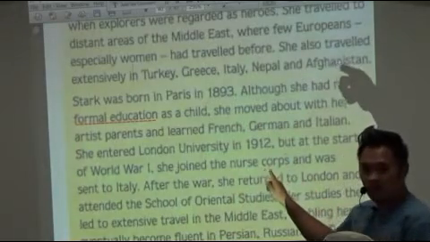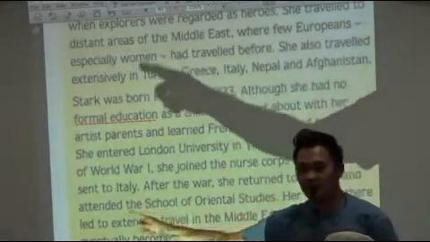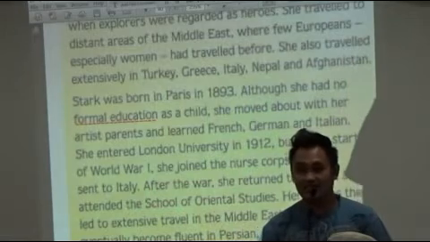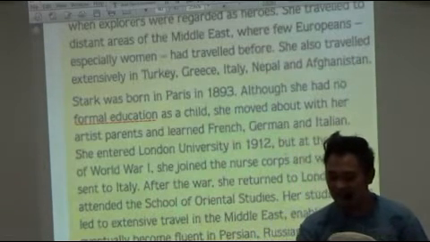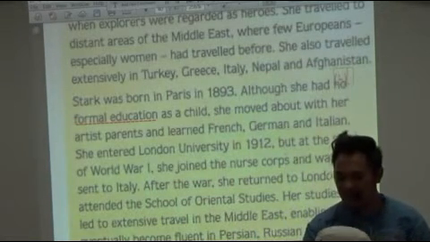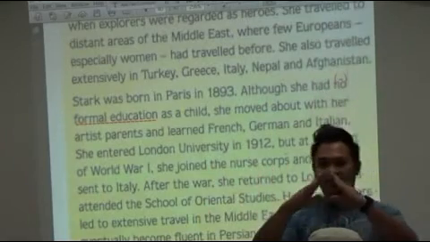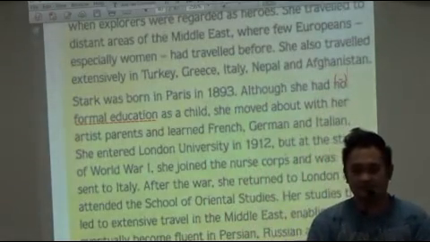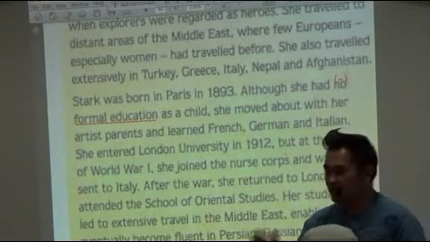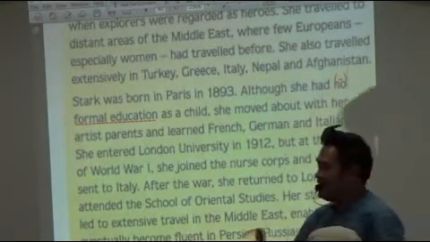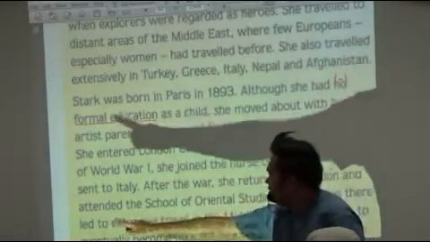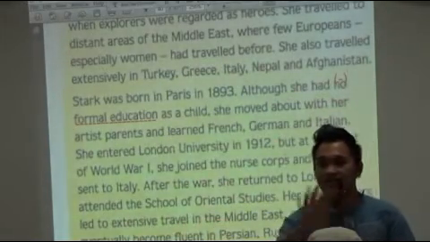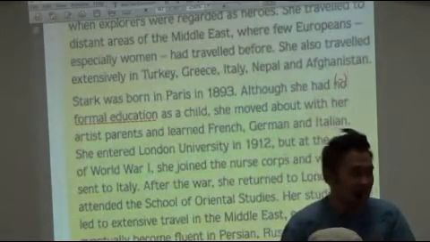No. No formal education. That means it's not the answer. And what did I say? If you see a negative, put a triangle. It gives you a signal about that. First, formal education. But in here, no formal education. So it's impossible. That is not the answer.